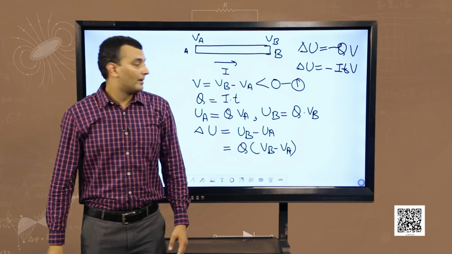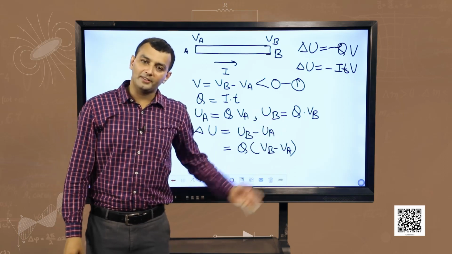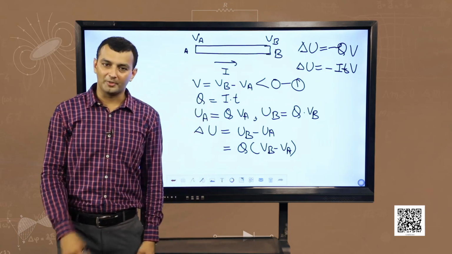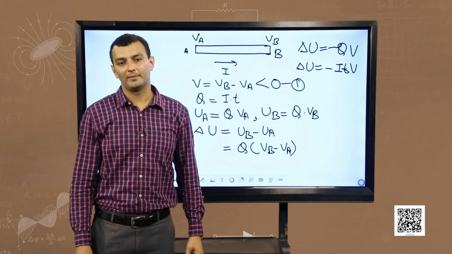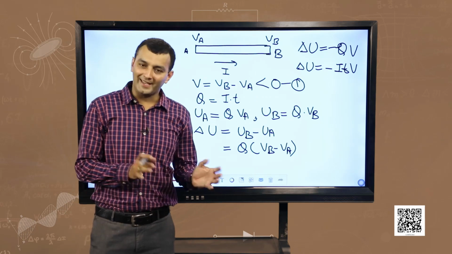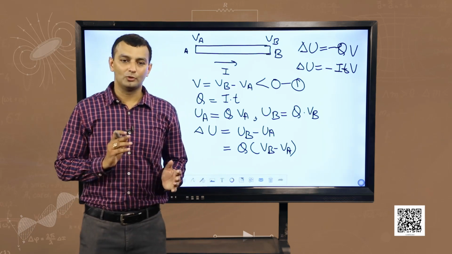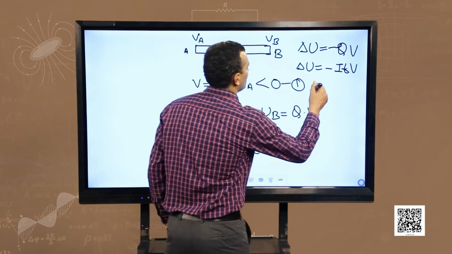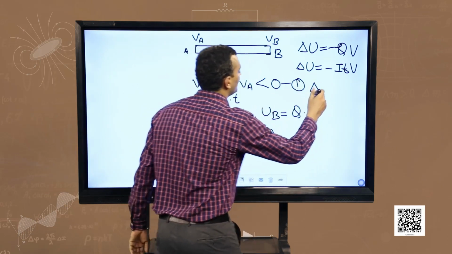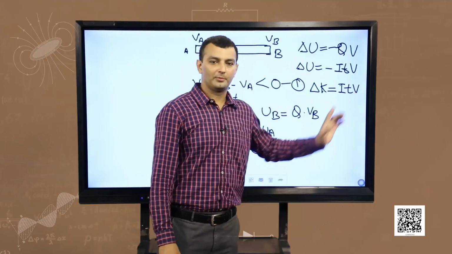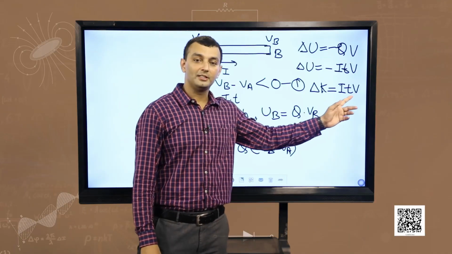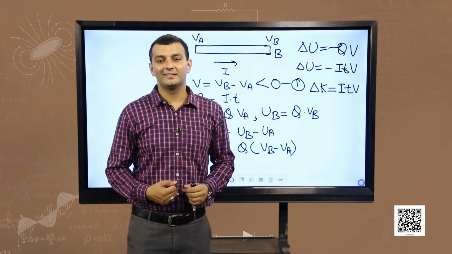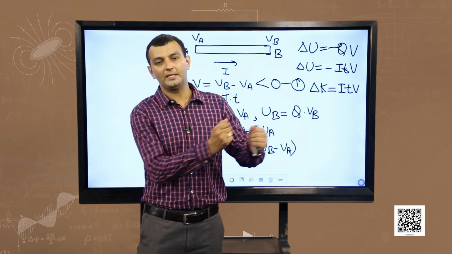If the potential energy is decreasing, then from conservation of energy, we can say that the kinetic energy must be increasing by the same amount. While saying that, we have considered that there is no loss of energy. So in that case, the change in kinetic energy should be IT into V. But if the kinetic energy of the electrons increases, it means the electrons will be speeding up.